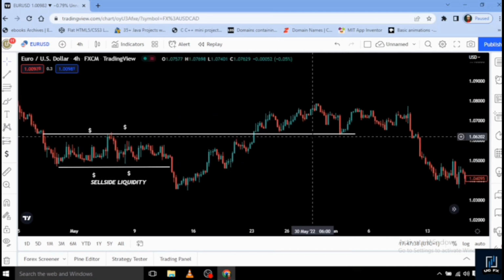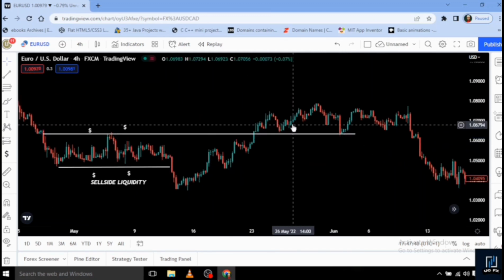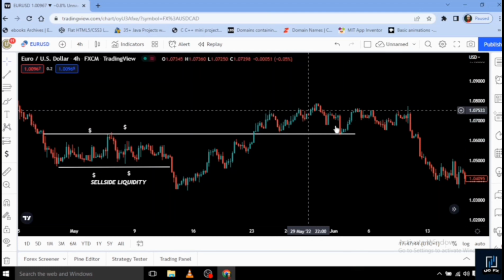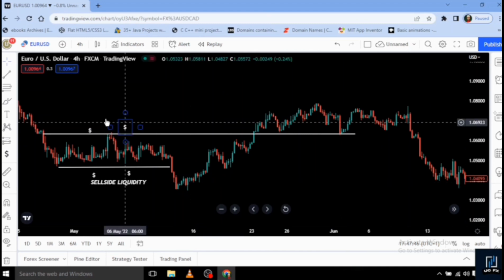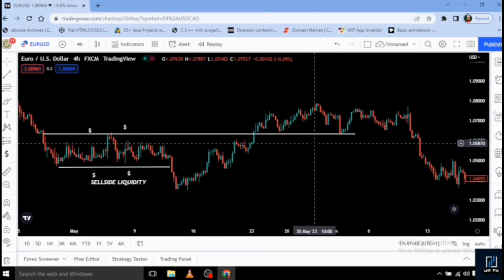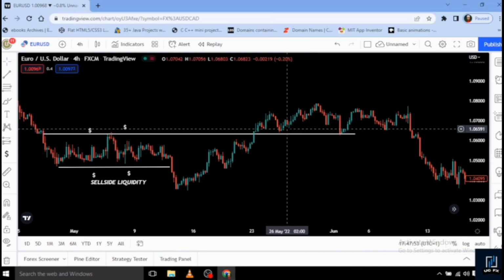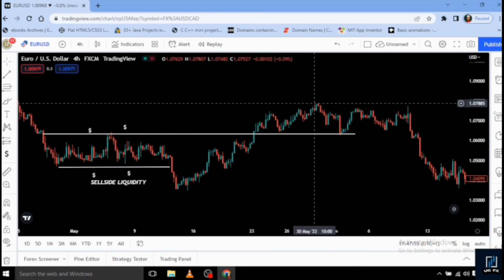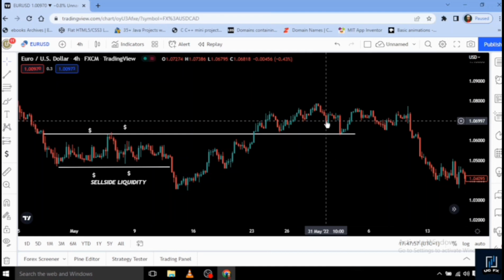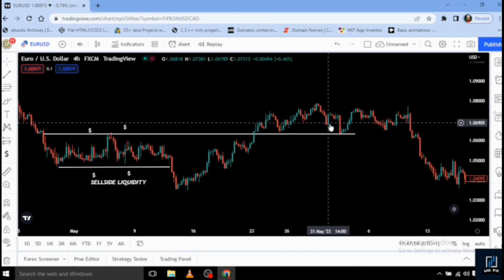So I know for sure that the big players, the first big players, are now interested in selling because we have the buyers, the less informed traders on the buying side. This is where they want to start initiating the bearish trend from.